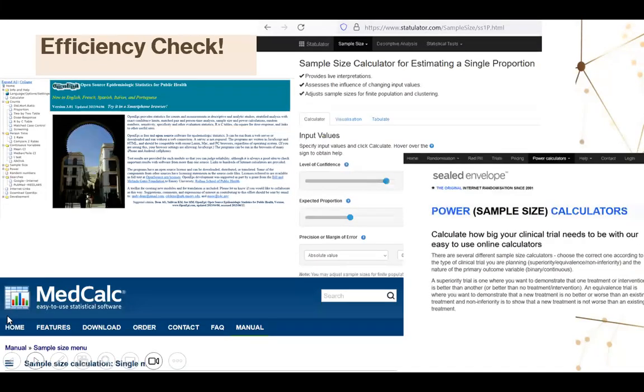I entitled this slide Efficiency Check because I want to make the point that while we're going to teach you the formula for a specific sample size calculation with this objective, I'd like you to know that there are many apps, software, programs, and websites that allow you to do sample size calculation, not manually, but by entering the values of concern.